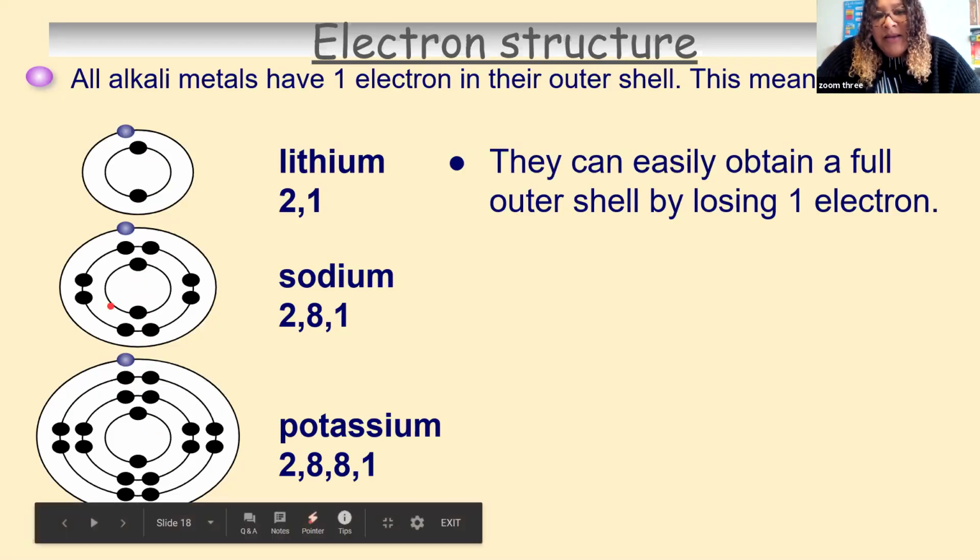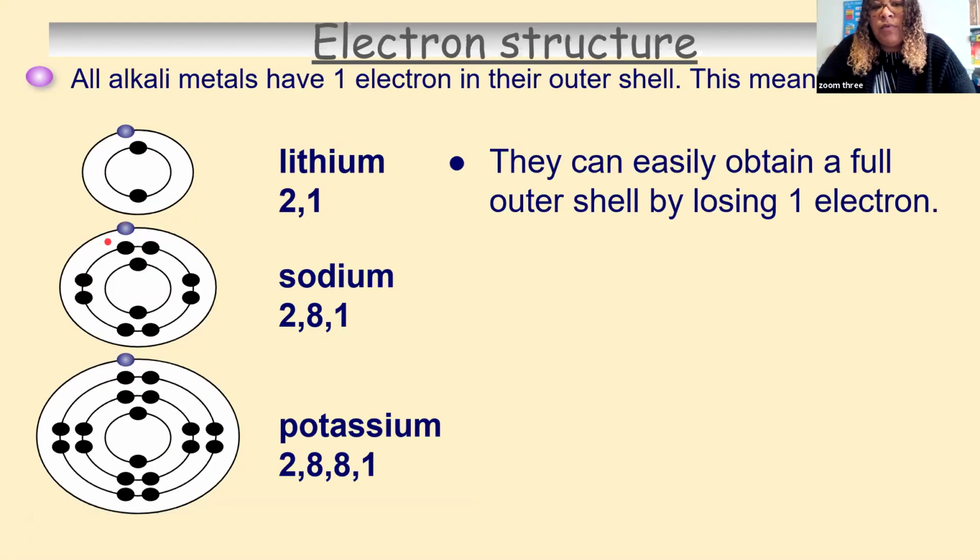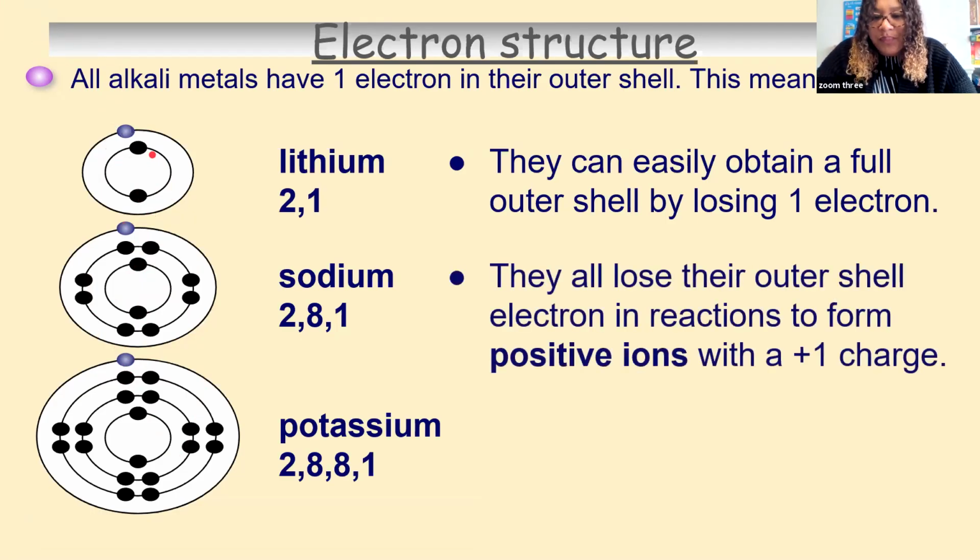And they can get a full outer shell, which is what they want to do. They want to be like the noble gases. They want to be stable, meaning that they have a full outer shell. They can do that because it's relatively easy to lose this 1 electron. When they lose this electron, they become an ion. Ions are charged particles, and these are positive ions because, if you remember, our atoms are neutral.